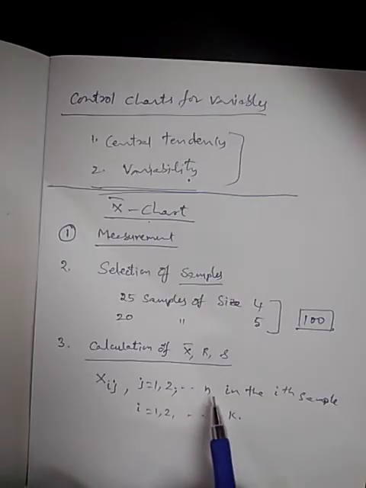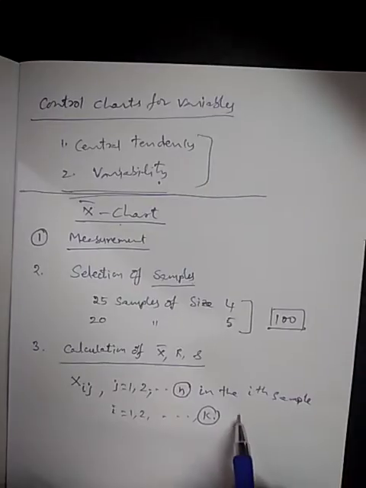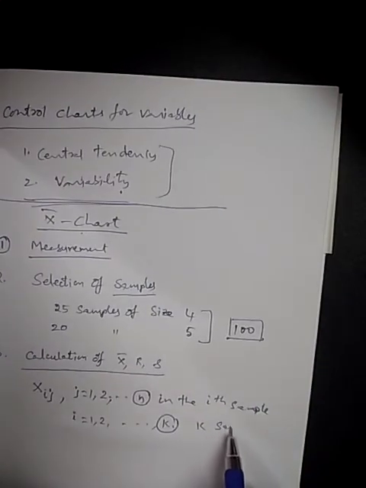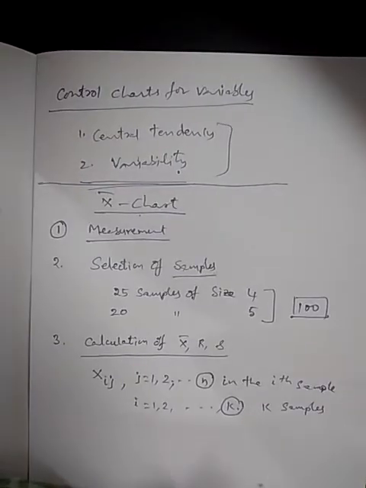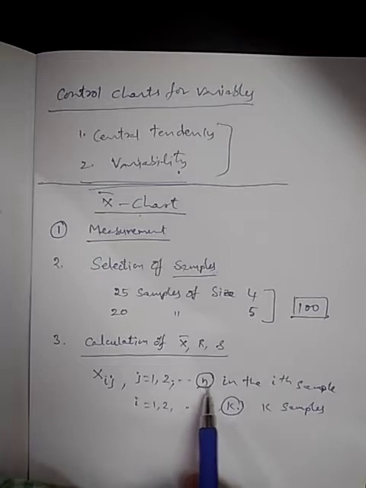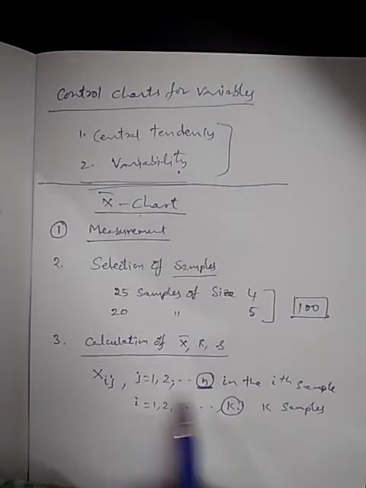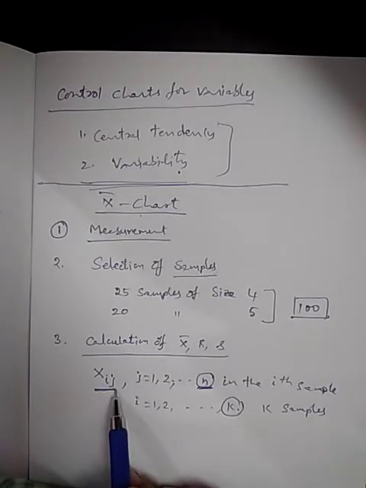That is, n is the size of each sample and k is the total number of samples. We have k samples, in which every sample has n items. We have drawn n items for which Xij is the measurement.